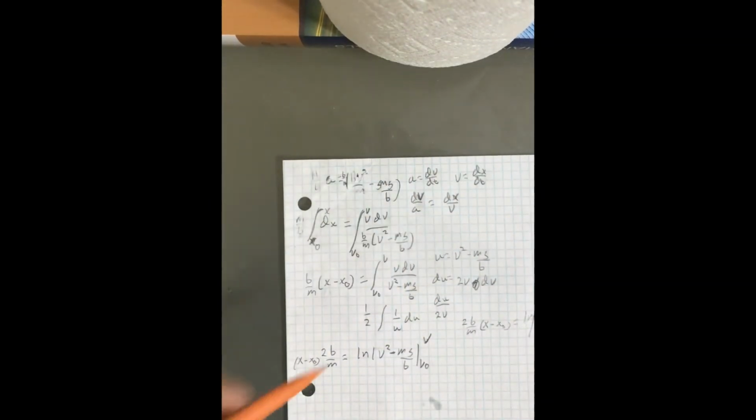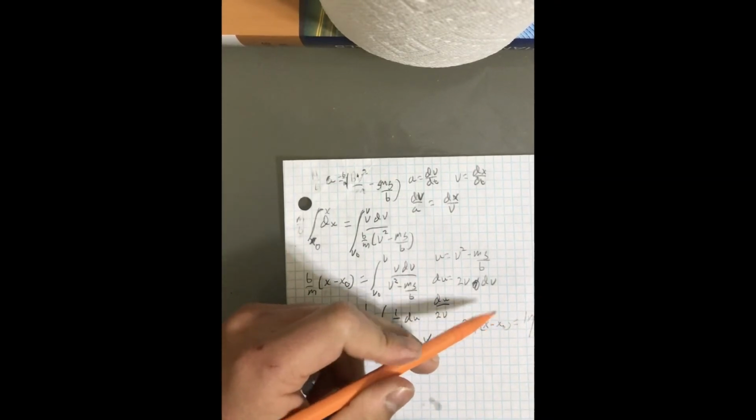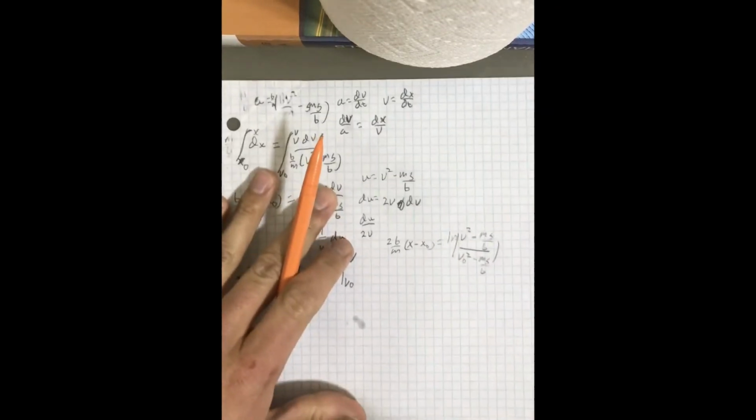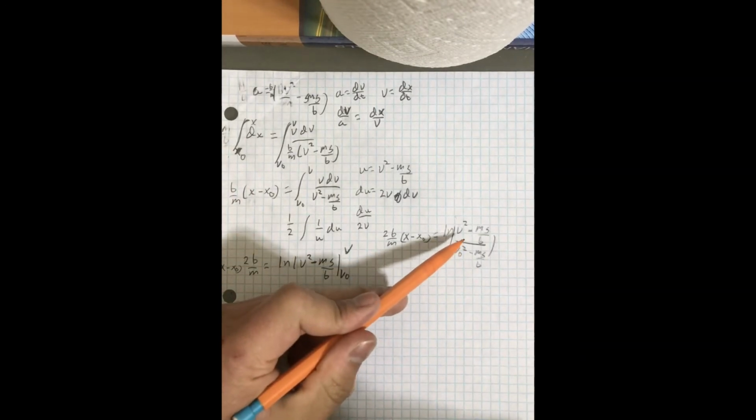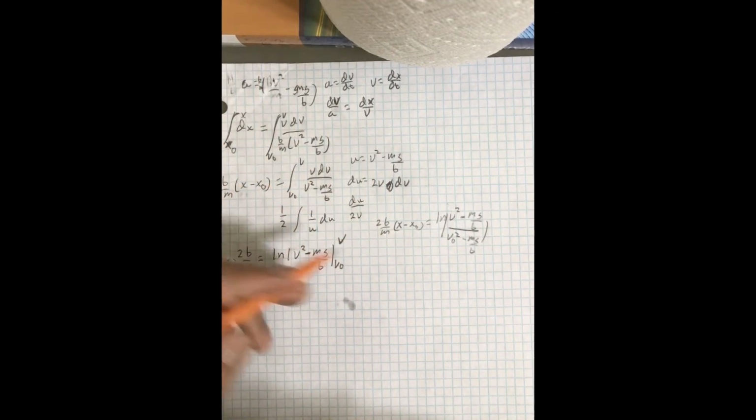Now this is going to be a lot easier to solve in terms of x, except for this last part where we have v as a variable. We're going to need to take our previous answer and substitute it into here.